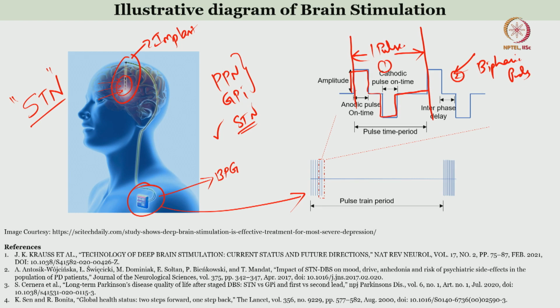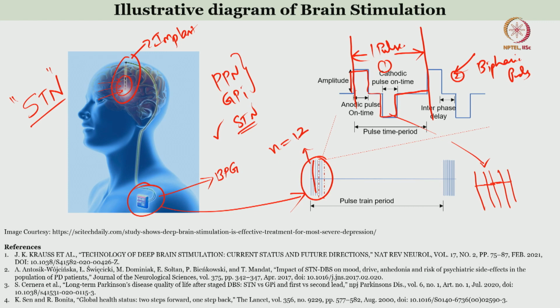If I shrink it, this is one pulse, then there is a relaxation time, then a second pulse, then relaxation, third pulse, fourth pulse, fifth pulse, like that. In a pulse train, there will be a certain number of pulses, let us say 12 pulses.